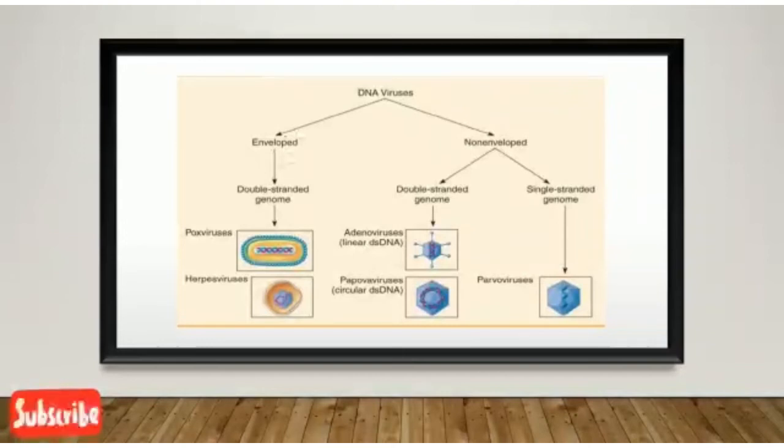Enveloped double-stranded includes pox virus and herpes virus, while single-stranded non-enveloped genome includes parvovirus, and double-stranded non-enveloped genome includes adenovirus, which consists of a linear DNA, or papovirus, which consists of circular DNA. As you can see here in the picture, the viruses are linear or circular.